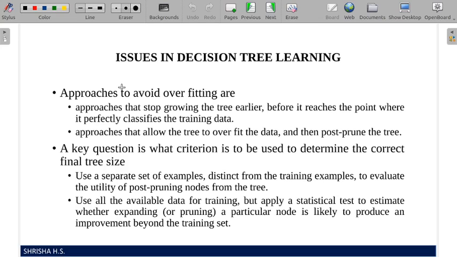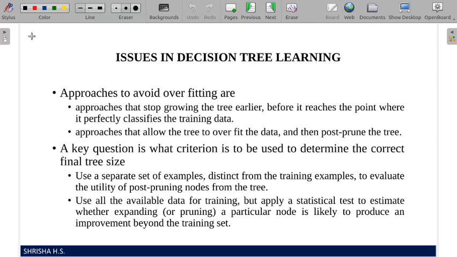So either don't allow the decision tree to grow beyond a threshold size, or allow it to grow completely and then start pruning the branches of the tree. The first action is taken earlier, in the second method action is taken later. We will explore both of them.